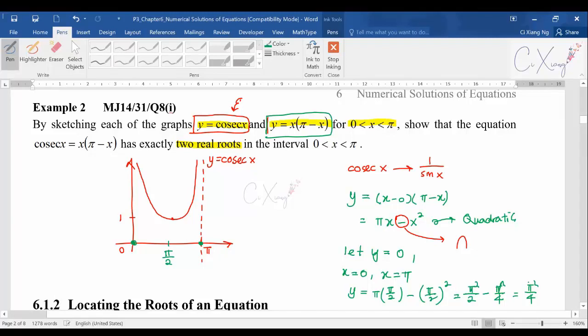You can use a calculator to press for the value of pi squared over 4. You know that it is actually more than 1. So maybe I can assume that this is pi squared over 4, which is more than 1. So it should be an N shape that passes through the 0 and pi values. Your graph should look something like this.